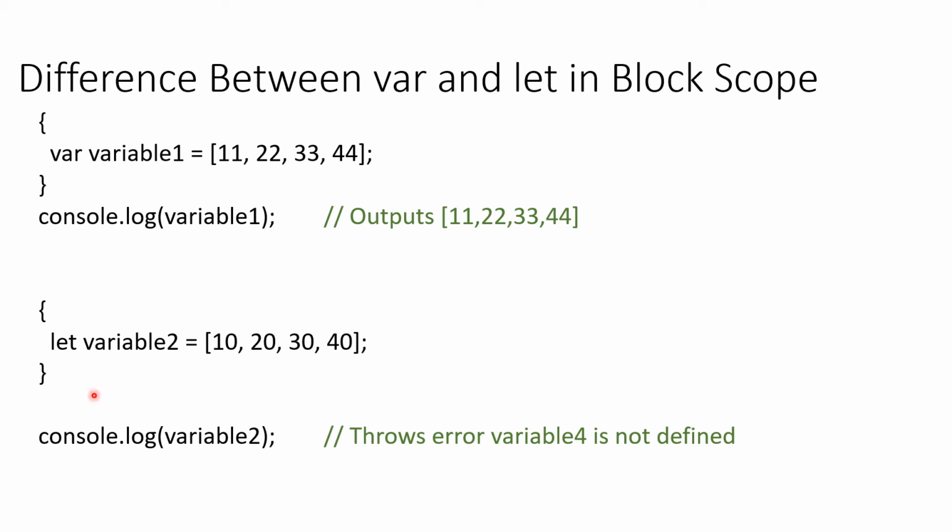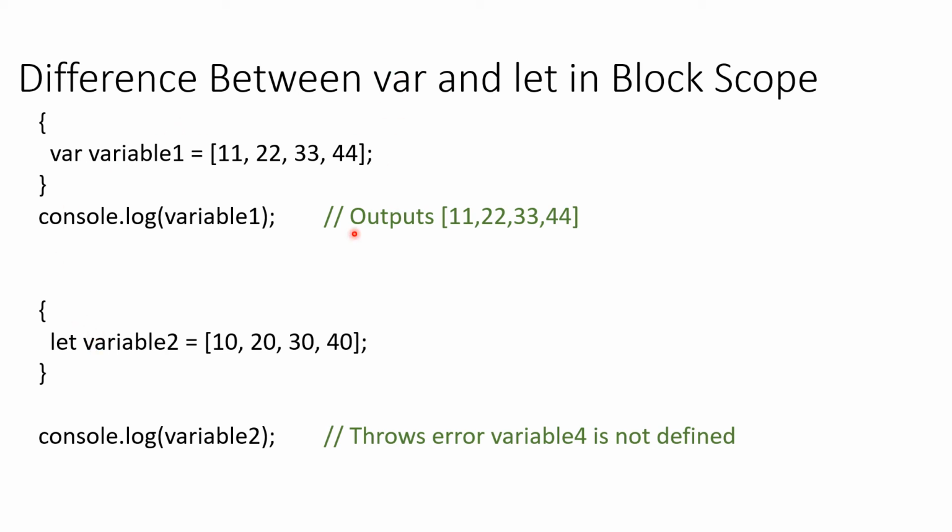Let has a block scope. That's why when we try to access variable 2, which is declared using let, we get an error: variable 2 is not defined.